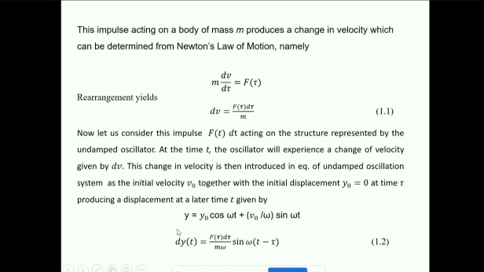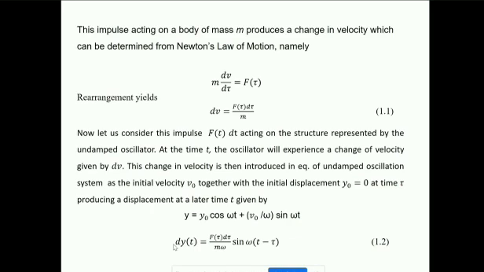We know that the displacement y is given as, if the initial displacement is y0 and the initial velocity is v0, then the response is y equal to y0 cos omega t plus v0 over omega sin omega t. Now, when we apply an impulsive load, it is not creating any initial displacement, but it is creating initial velocity.